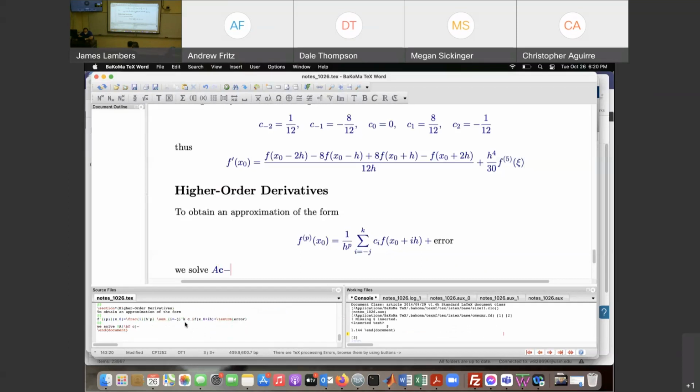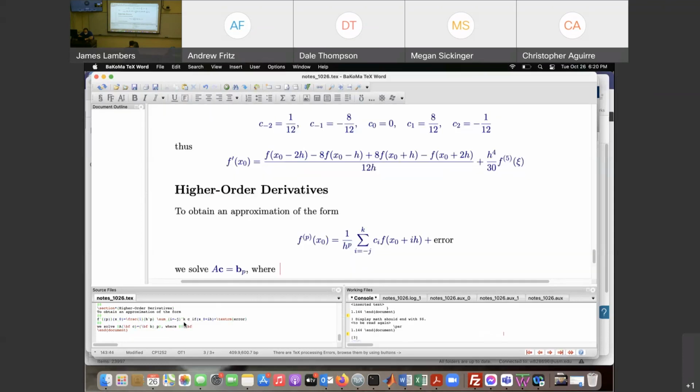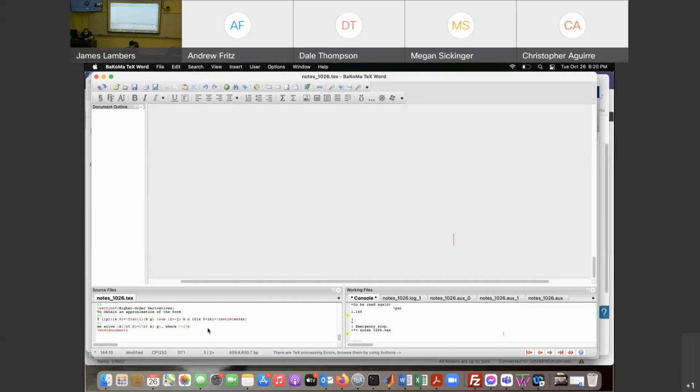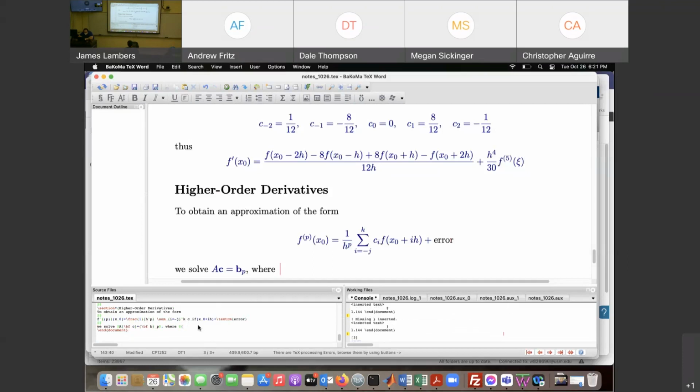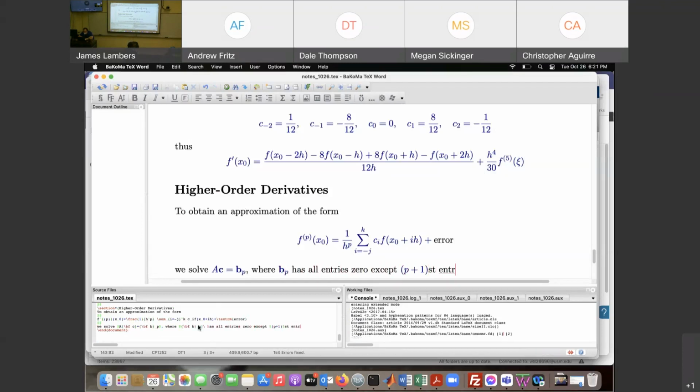A c is equal to, I'll call the right-hand side, b_p, where b_p has all entries 0 except the (p+1)-st entry, which is equal to p factorial.